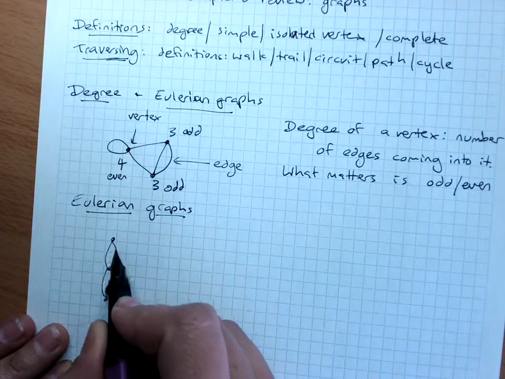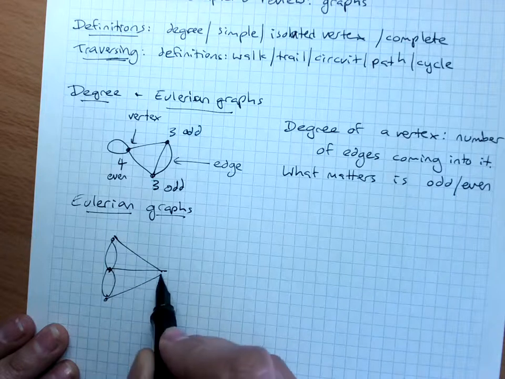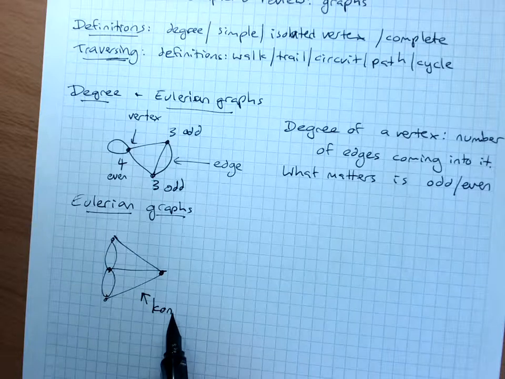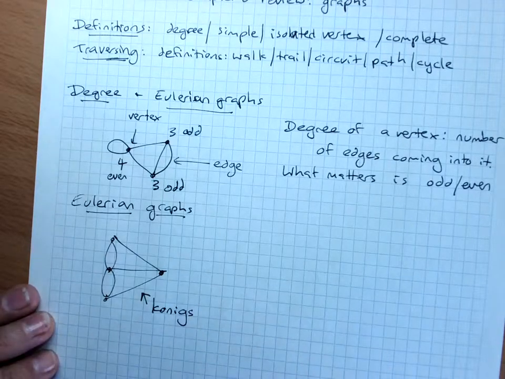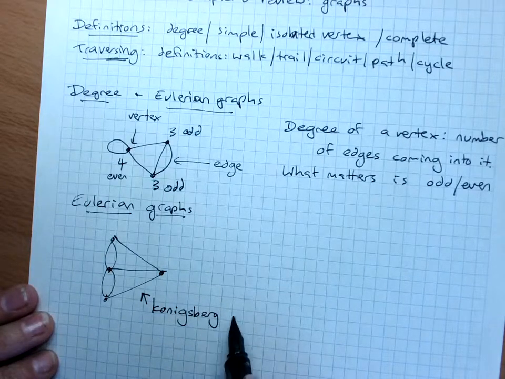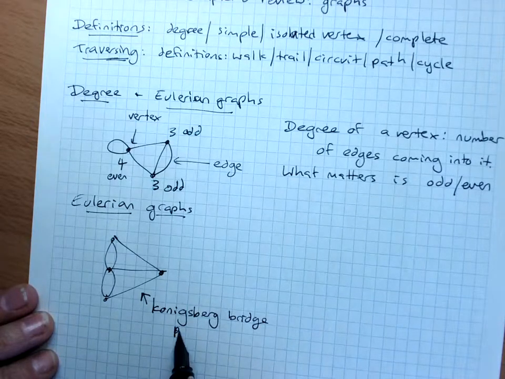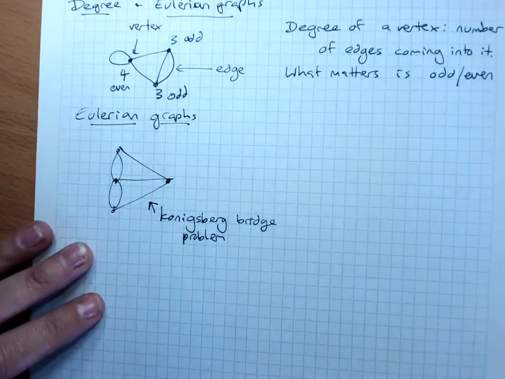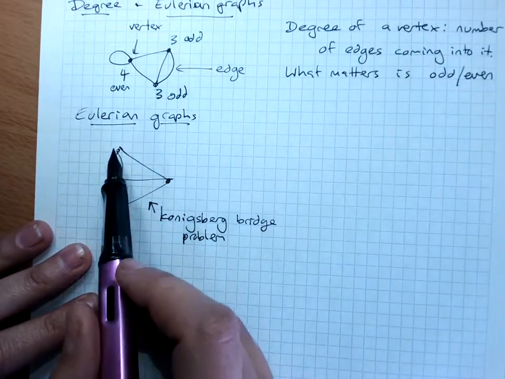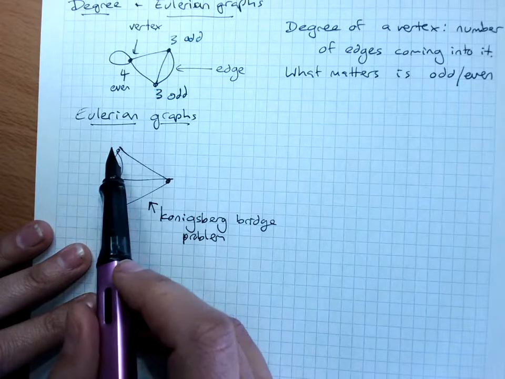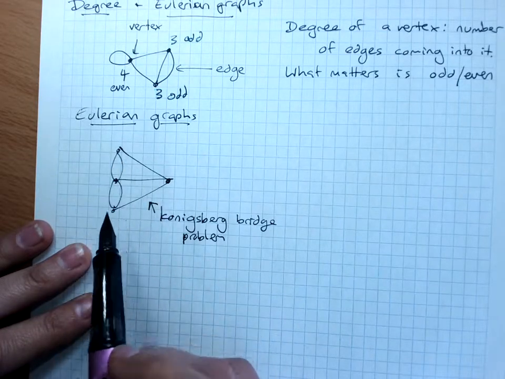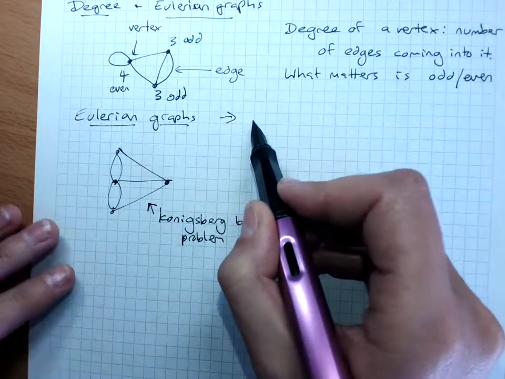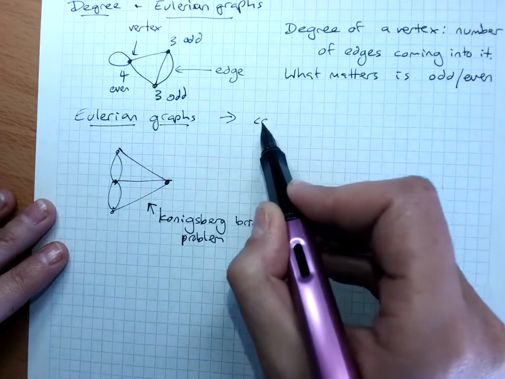Now we covered the Konigsberg bridge problem. It would probably be a good idea to recognize and be able to draw a graph of the Konigsberg bridge problem. The question that they asked in Konigsberg was, can you do a walk that covers every edge only once? So it's Eulerian if you can do a walk that covers every edge only once.